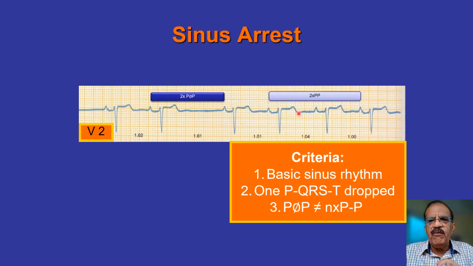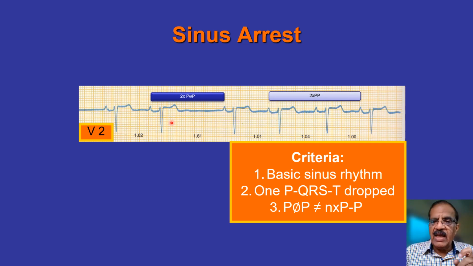You can actually visually see that this 2 PP interval is different than 2 into P naught P. So the criteria is basic sinus rhythm, one PQRST dropped, but this P naught P is not equivalent to any number of PP intervals. Why?